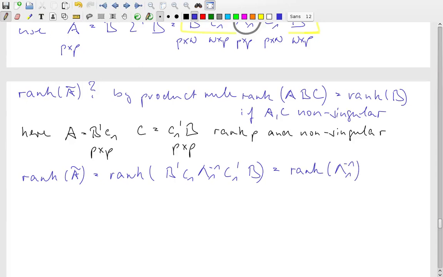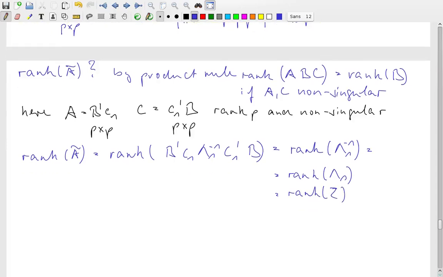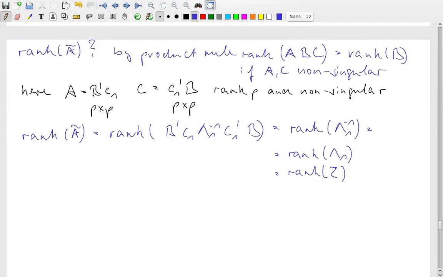That's a diagonal matrix, and the rank of this lambda 1 inverse is the same, of course, as the rank of lambda 1. But remember that lambda 1 contains the non-zero eigenvalues of sigma, and this is precisely what the rank of sigma is, right? The rank of sigma is the number of its non-zero eigenvalues.